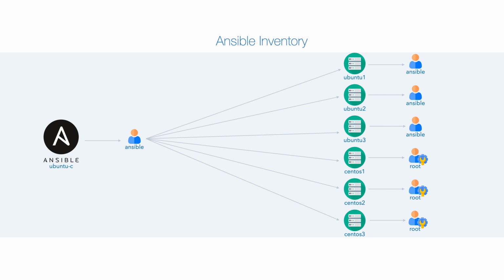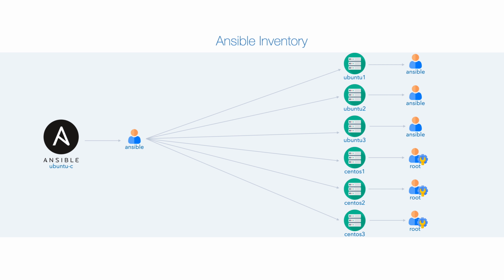Although it's convenient in our lab environment to have direct access as root to our systems, it's more common in the real world to restrict direct root access. We would therefore be expected to connect to our hosts as mortal users and then to escalate to a super user. Fortunately, Ansible has us covered on this as well.